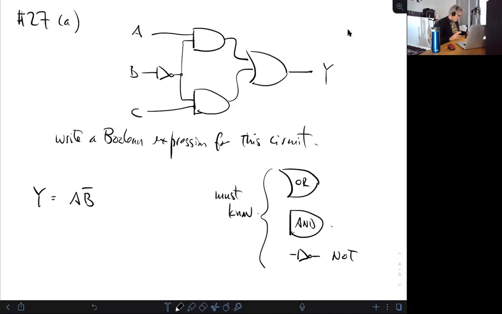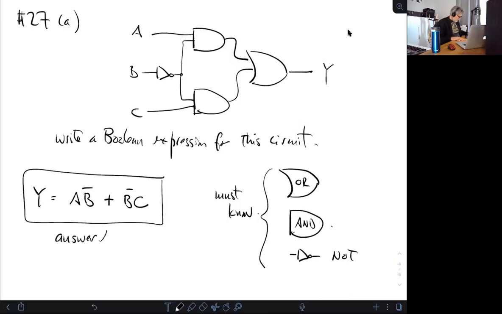It's the same, no problem. So it's an OR, and then the other AND is not B, C, so B prime C. So this is the answer we're looking for. Nice and easy.